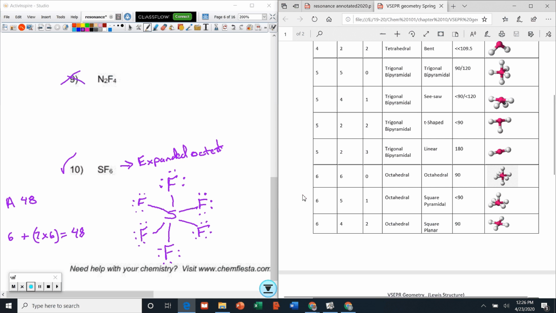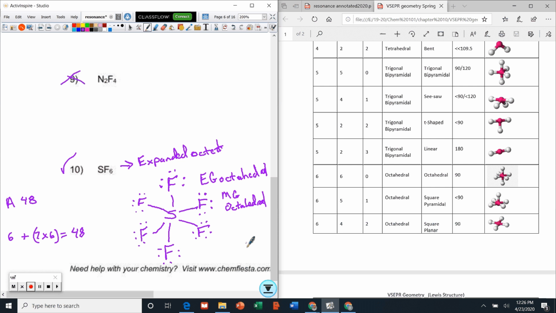So the shape of this one is octahedral, because it has something bonded on 6 sides. So that is our electronic geometry. Our molecular geometry, again, would be octahedral. All right. So this one happens to be octahedral.